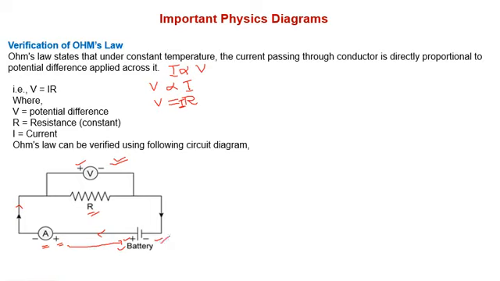If you can see, the positive terminal of the battery is on the left hand side and the negative terminal is on the right hand side. Even in the case of the voltmeter, the left hand side is positive, and the negative terminal is on the right hand side. So this is how we have to arrange our different instruments in the circuit diagram.